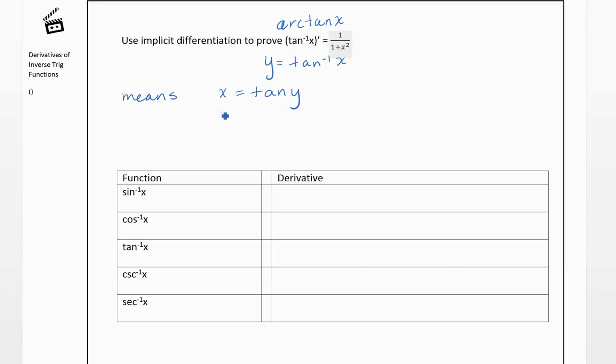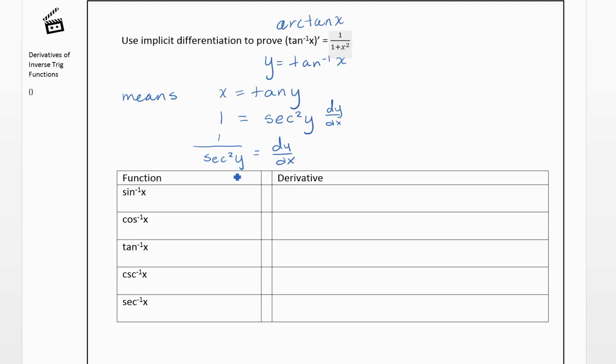So the derivative of x is 1, and the derivative of tangent is secant squared. So here we'd have secant squared of y. Since we're taking a derivative of y, it would be dy dx. So to get dy dx by itself, we would have 1 over secant squared of y equals dy dx. Now we want this in terms of x.